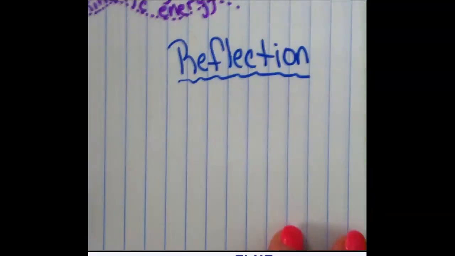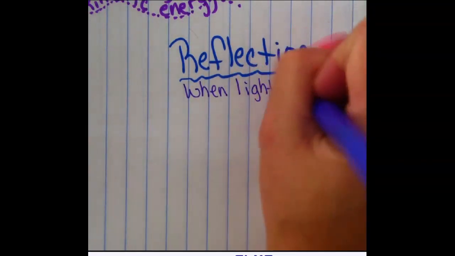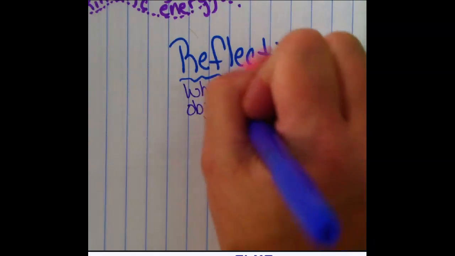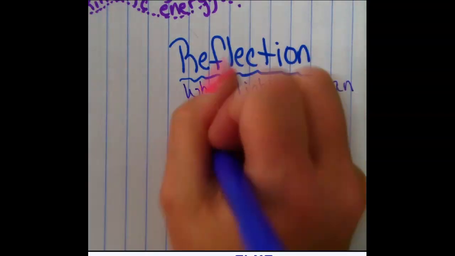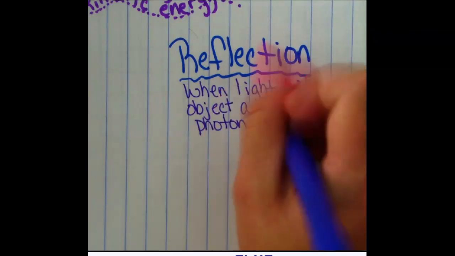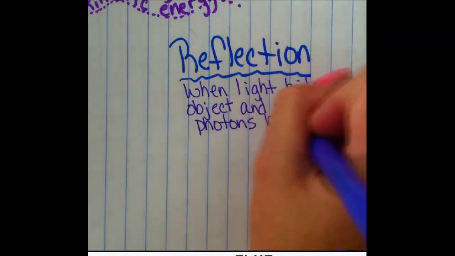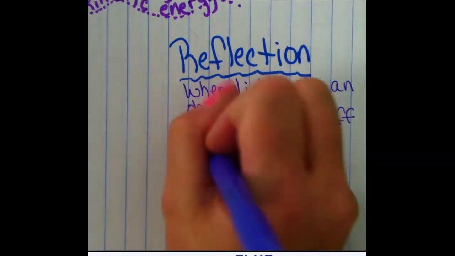Reflection is when light hits an object and the photons bounce off the surface.